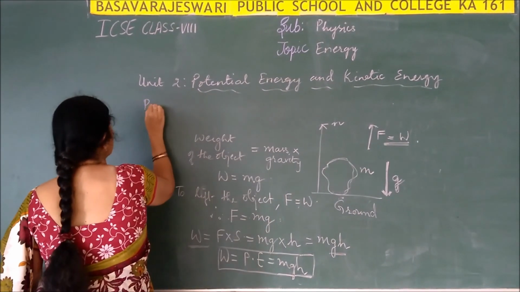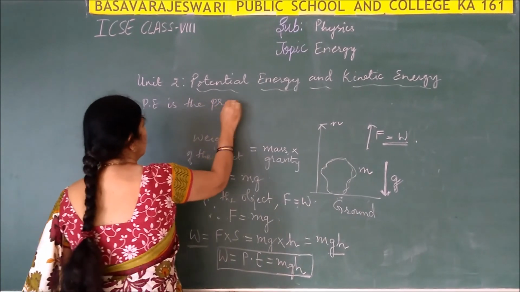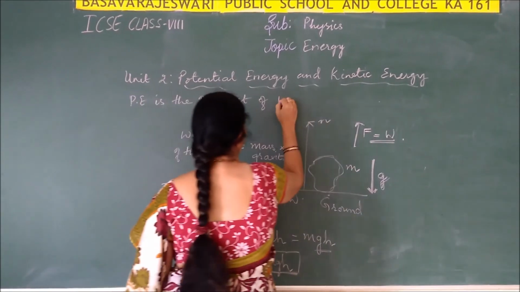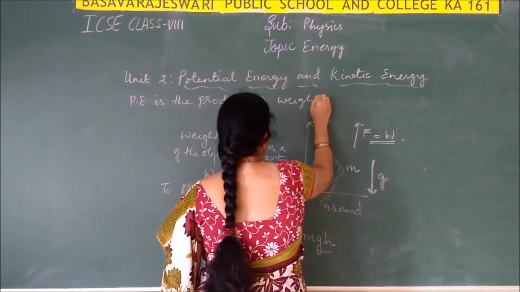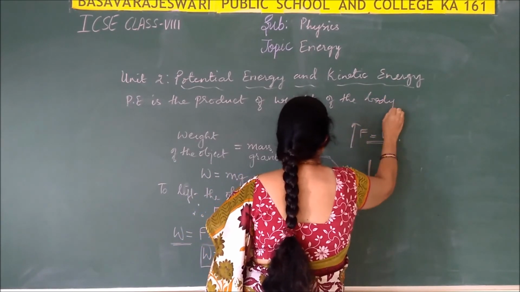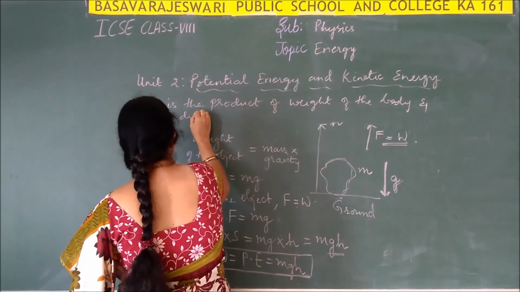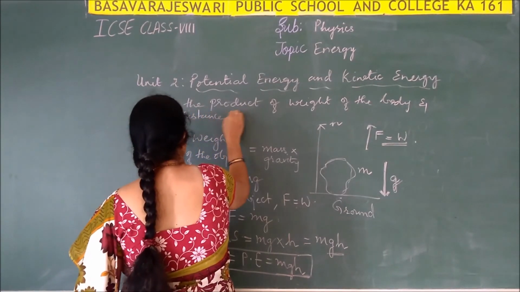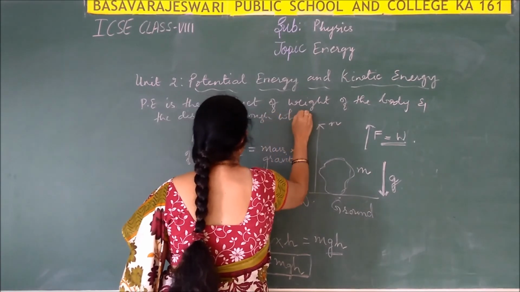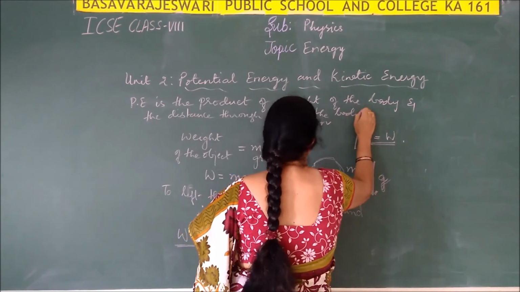Potential energy is the product of weight of the body and the distance through which the body has to be raised.